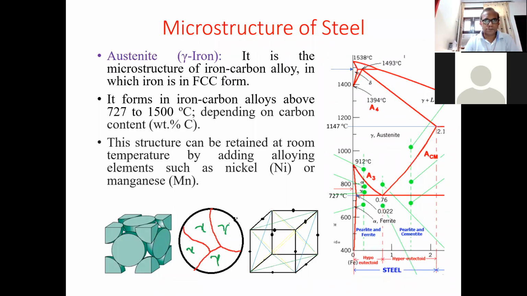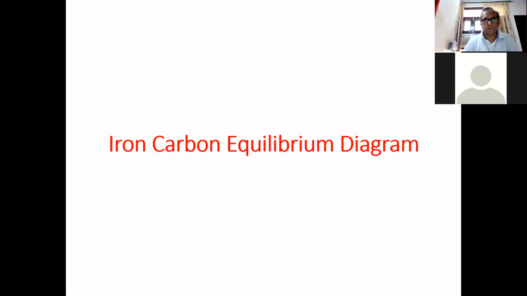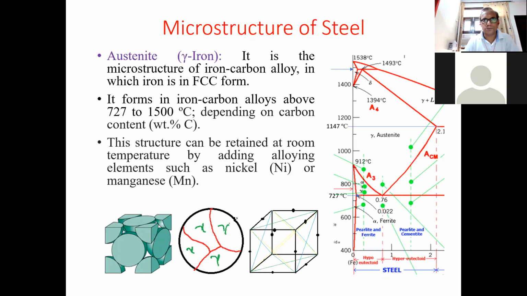Okay, so let's start again from the iron carbon equilibrium diagram. To understand these diagrams, I used to say that we have to understand the microstructure of steel. Steel has a percentage of carbon varying from 0 to 2.1%.